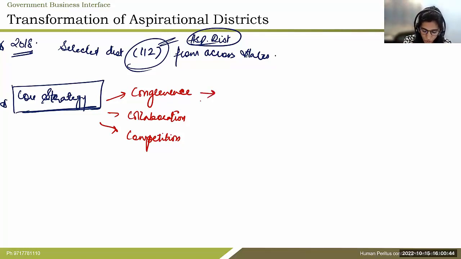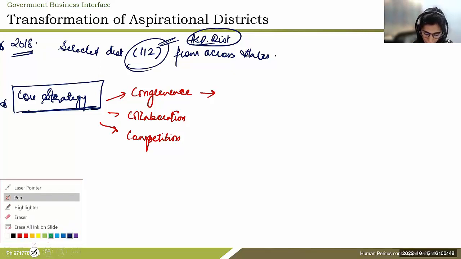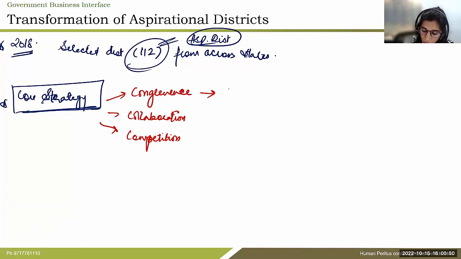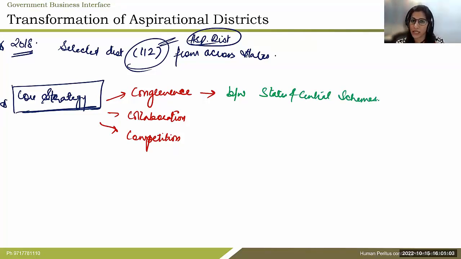So what is convergence? Convergence is convergence between the states and central schemes. For example, there is some educational scheme in a state and the center has also introduced some educational scheme.